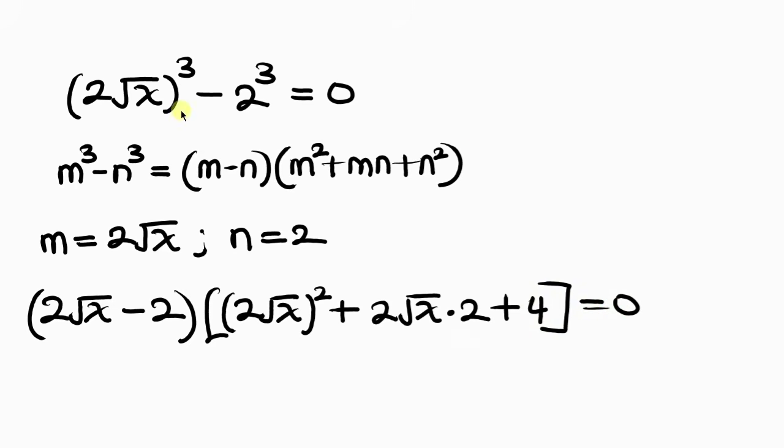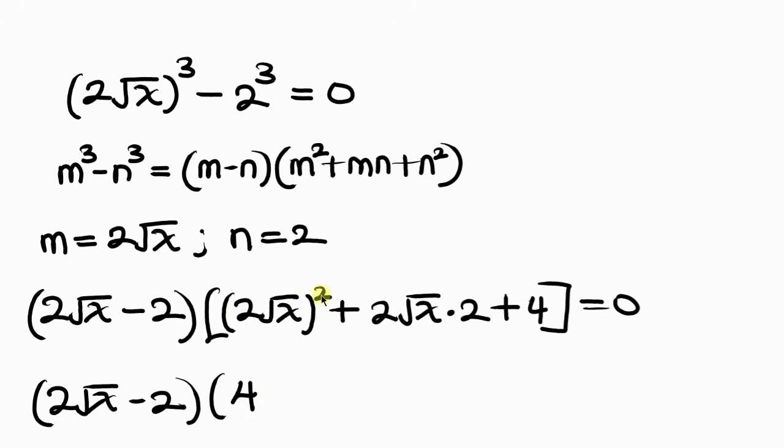Now we've been able to write this in this form. Now let's simplify what we have here. So we have 2 root x minus 2 inside the parenthesis, times, now we're going to be opening these brackets. Let's expand this. So this is 2 squared, that is 4. And this is the square root of x squared.